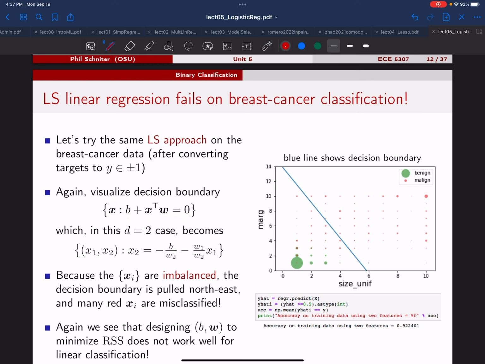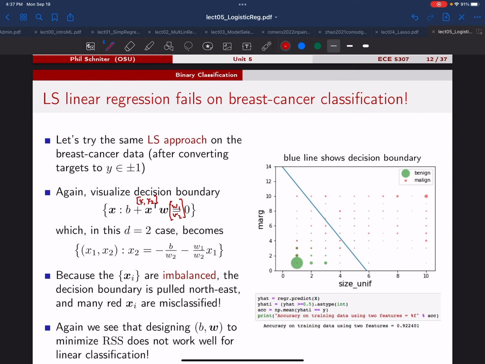In this case, we can think of x transpose as x1, x2, and the w vector as w1, w2. Sorry, I already have the b, so let me get rid of the b here.